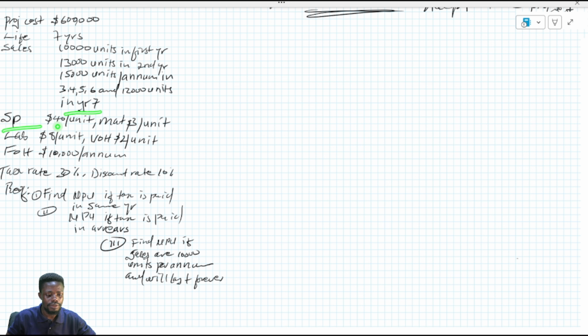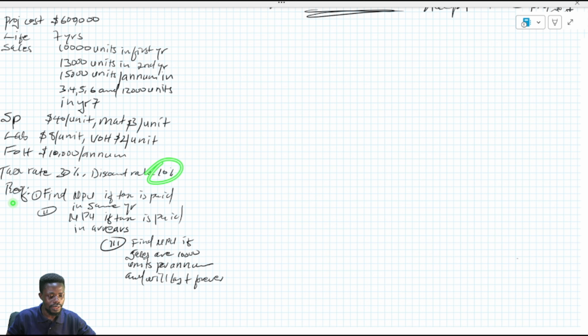Selling price is $40 per unit. Material cost is $3 per unit. Labor $8 per unit. Variable overheads $2 per unit. Fixed overhead $10,000 per annum. Tax rate is 30%. Discounting rate is 10%.